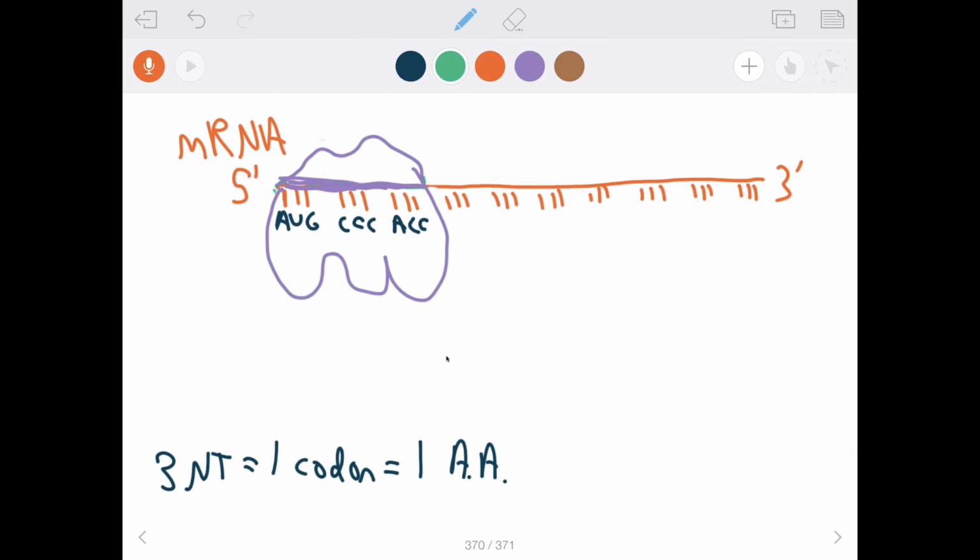All right. Well, we just think about what pairs with what. Adenine pairs with what? Now be careful. Got to remember what we're looking at. We're looking at an mRNA sequence. So if we're an RNA, it's not thymine, it's uracil, and uracil and adenine pair, and guanine and cytosine pair.